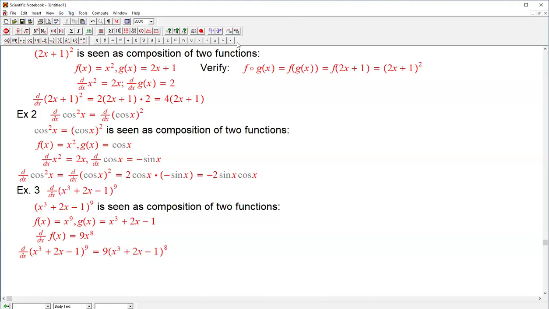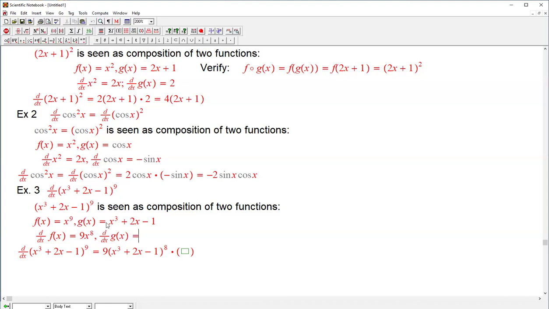And this is not done. We have to differentiate what's inside the parentheses, which is the derivative of g of x.